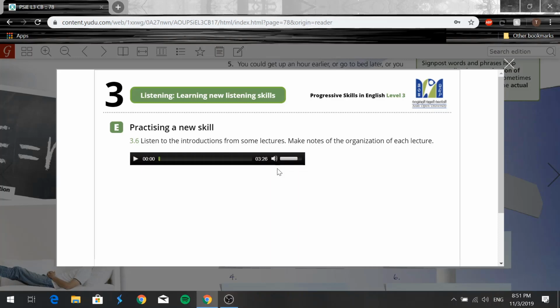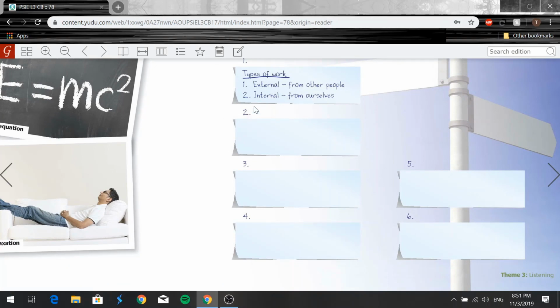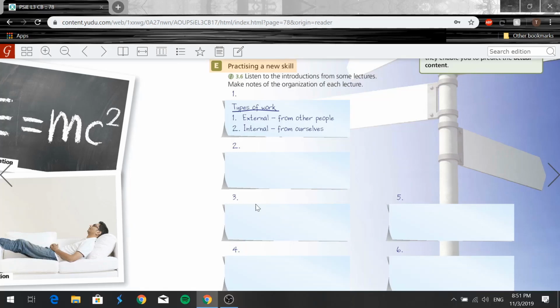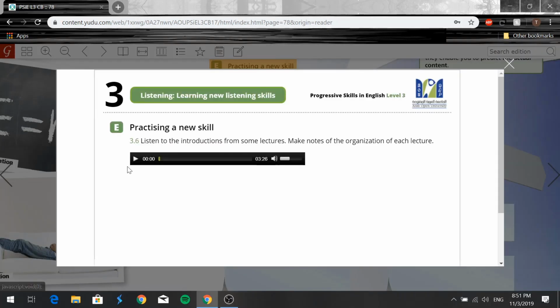We want notes of the organization, how the lecture is organized based on what you hear from the lecturer. Okay, so here you have 6 blank, or in this case now it's 5, blank pages here, and we're going to be writing the different organization of each lecture as we go, right? So get ready, and here we go.